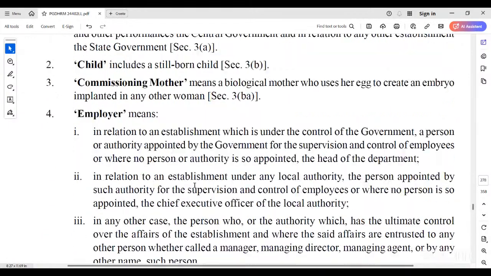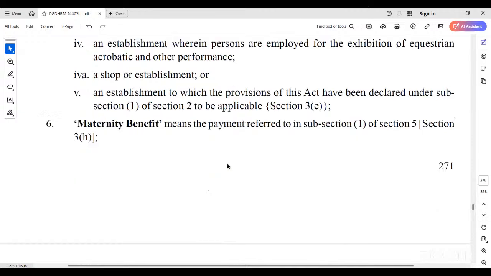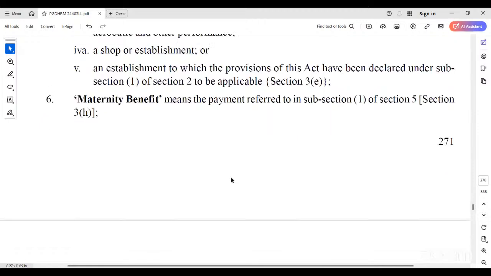Employer and employee we have also discussed many times. Establishment means, as per this act, a factory, a mine or a plantation, or any establishment wherein persons are employed for the exhibition of acrobatic performances. Maternity benefit means the payment referred to in Section 5, sub-section (1).